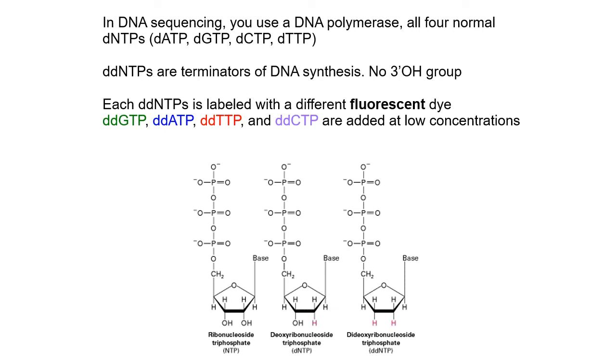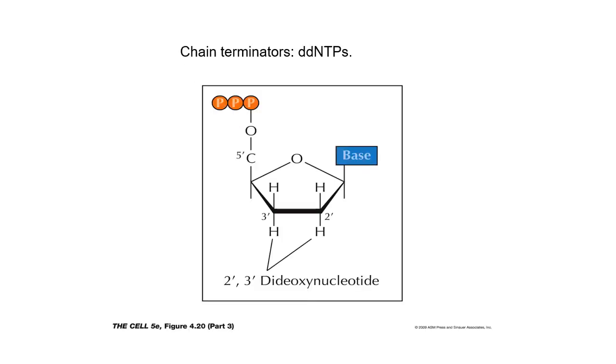So you can distinguish one from the other based on the fluorescence, based on the color of, in this case, an elongated DNA molecule. Here's another picture of your 2', 3' dideoxy. You can see both hydrogens here. So once this is incorporated during synthesis, no further additions are able to happen on that molecule.